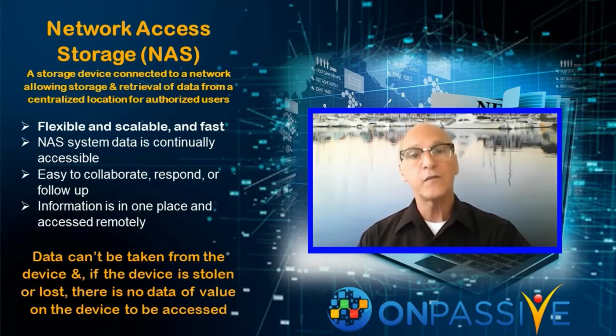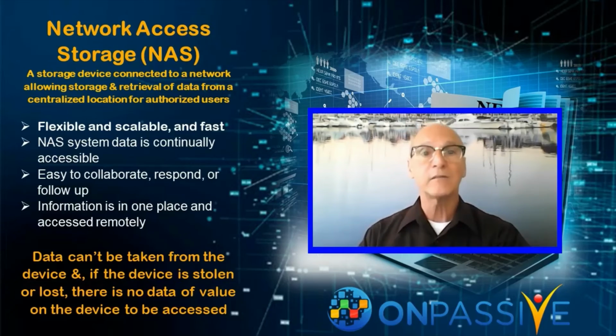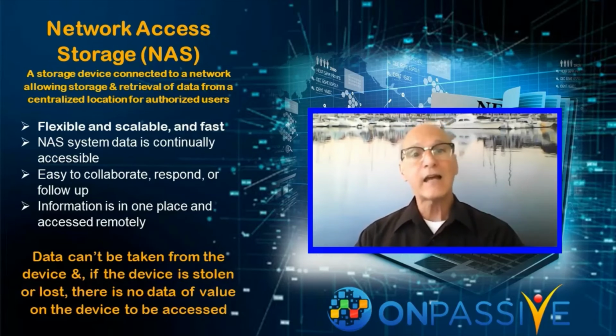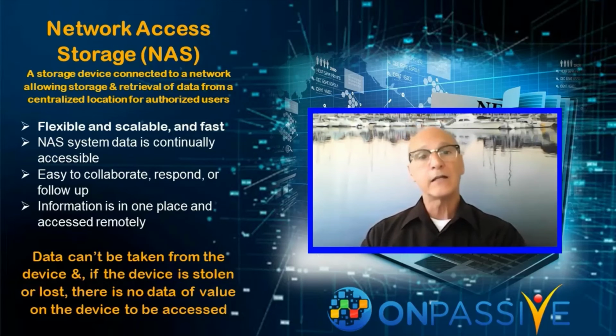Onpassive uses these systems. They're flexible and they're scalable, which you would imagine, knowing Ash, meaning that as you need additional storage, you can add on to what you have. It's like having a private cloud in the office. It's faster, it's less expensive than conventional methods, and it provides all the benefits of a public cloud on site, on-prem, and it gives you complete control.